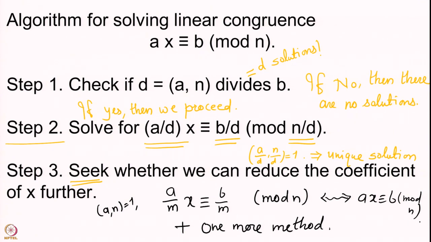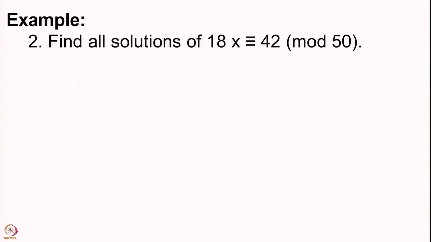So, let us go towards solving this. We want to solve 18x congruent to 42 modulo 50. The GCD here is 2, as we can see. So, step 1 tells us that the GCD of 18 and 50: you can cancel out the multiples of 18 from 50.